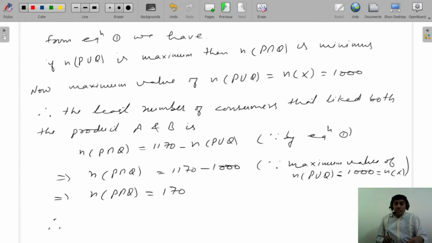So the least value of n of P intersection Q is 170.